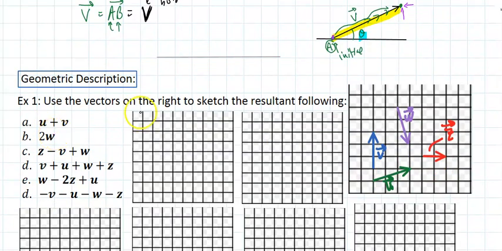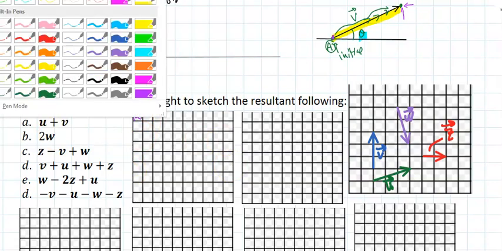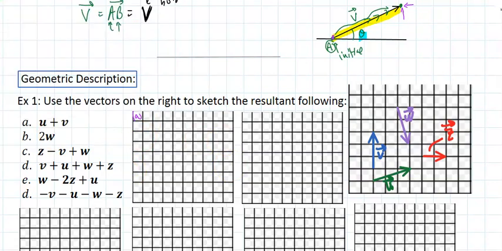If I start with u, I'm going to draw u right here. You could use the scale any way you want. I'm going to start here at the center, and again, it's up to you. Vector u, in green: any item that you drop off at the base moves 3 units to the right and 1 unit up.